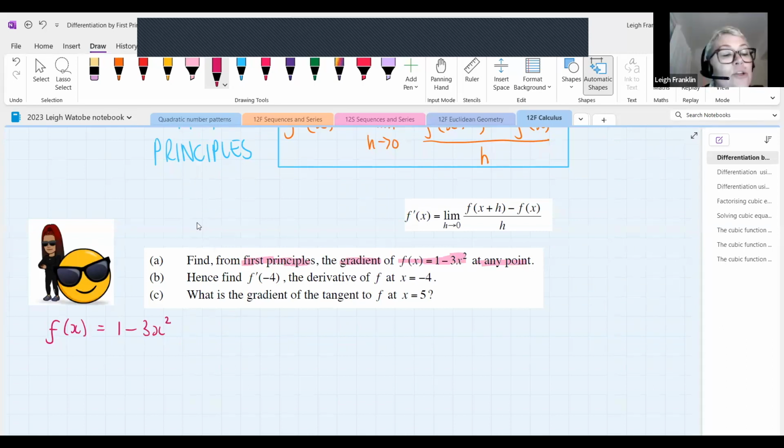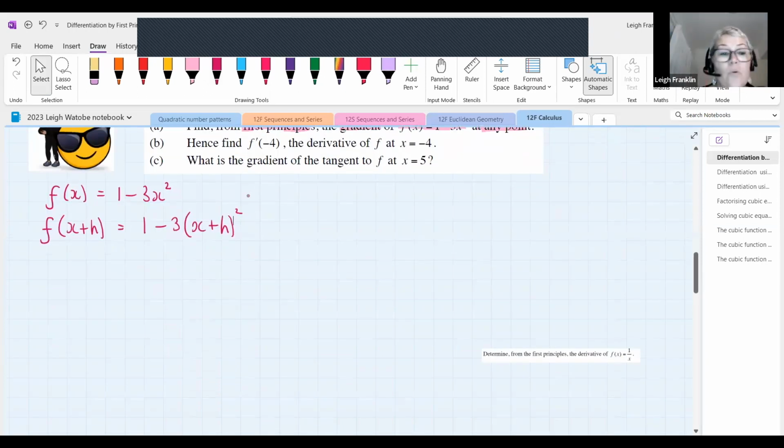Then I like to write down what f of x plus h is. So now everywhere that we had an x, we've now got an x plus h. So I'm going to sub in x plus h in place of x, and then I need to square it. This is algebra.